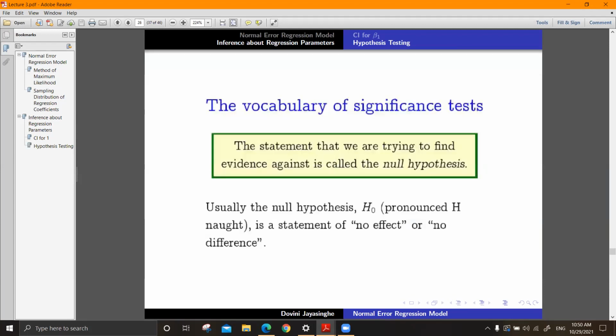Okay, so the vocabulary of significance test. The statement that we are trying to find evidence against is called the null hypothesis. We usually denote it as H0. This is how it's pronounced. So you all know this, which means null. Null means no effect. H0, not means null. N-U-L-L, null, right? No effect, no difference, no relationship, no association, nothing.